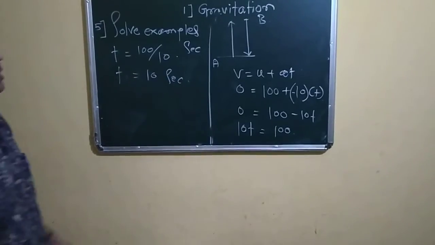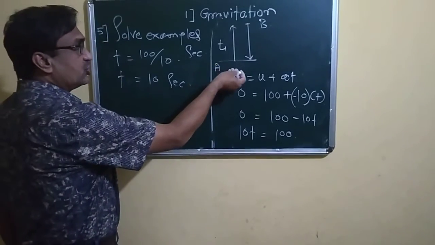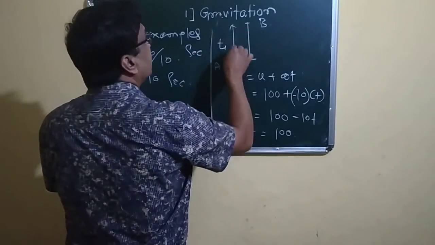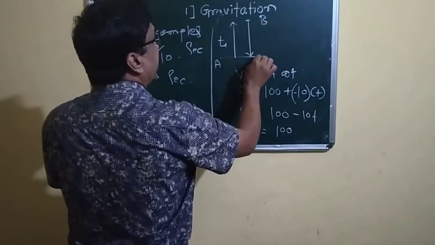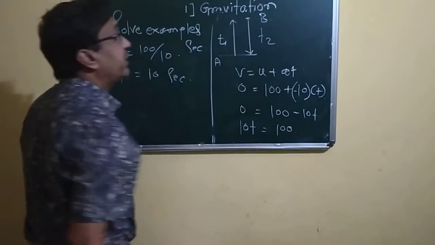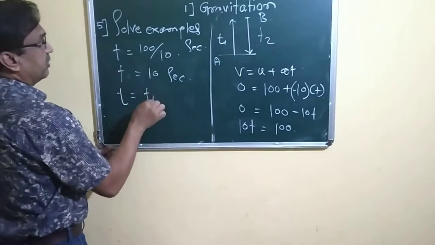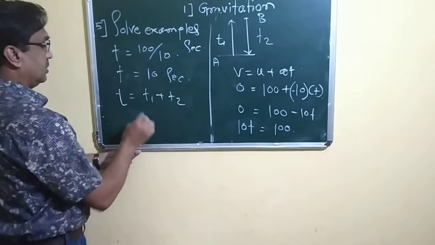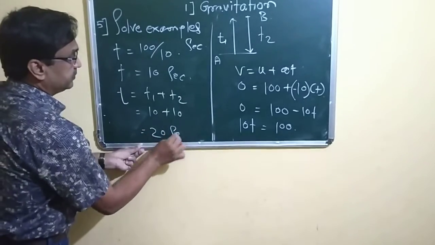The initial time t1, when the object is thrown vertically upward, is the time required to go upward, and from B to A, in the vertical downward direction, it is time t2, and both times are the same. So t is equal to t1 plus t2, that is 10 plus 10, that is 20 seconds.